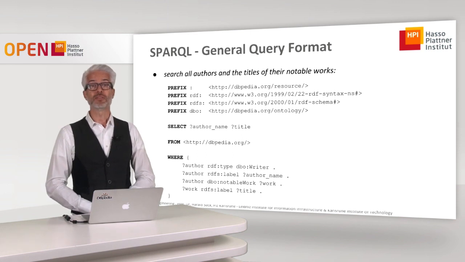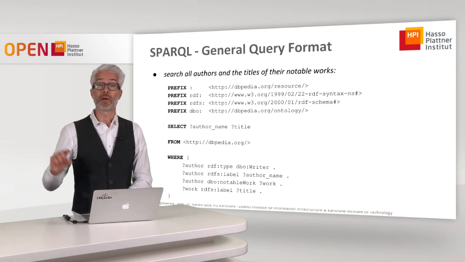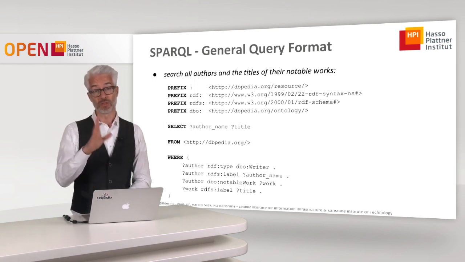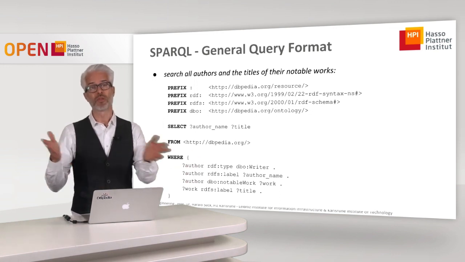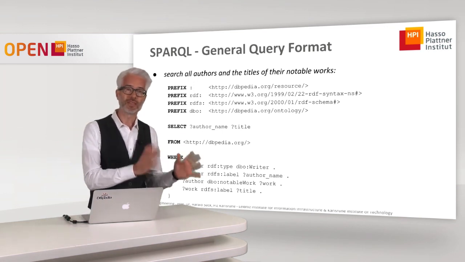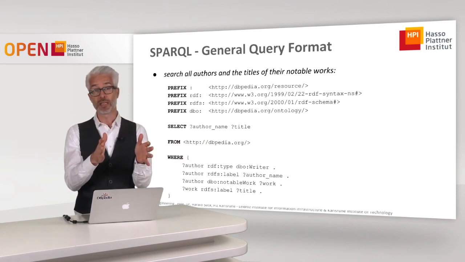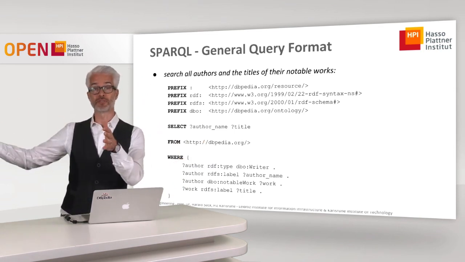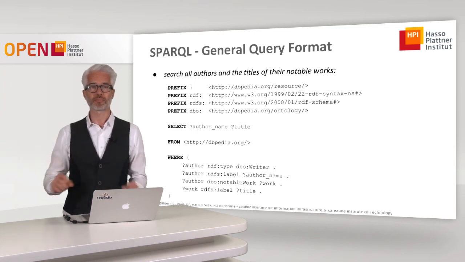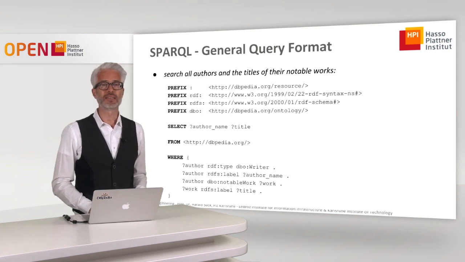The only difference that you see here is prefix definitions are not closed by a period in SPARQL, so the prefix definitions simply end with the URI that you see here. So you have the fixed keyword prefix, then you have the prefix of the namespace that you are using, and then the URI of the namespace that you are using. So we have several prefix definitions, and then comes our select statement.